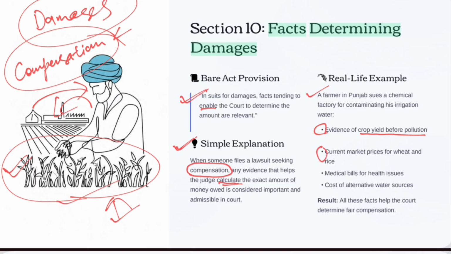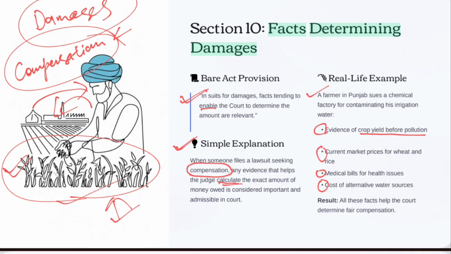Current market prices will also help the court to determine the damages. Medical bills, cost of alternative water sources, as the water has been contaminated by the emissions, that cost will also assist the court. Those facts and evidences will also assist the court in order to reach a conclusion on the amount of damages or compensation. So section 10 is over.